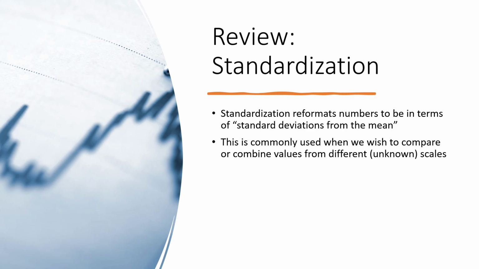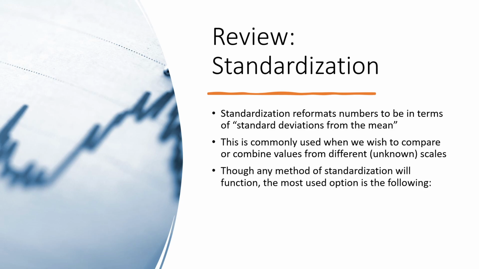Sometimes this is also called norm referenced, in that we are referencing the sample norms when we create these values. You can also represent population norms if you want to. But ultimately, that is one of the potential risks of this. In any case, it can be extraordinarily useful for combining values, and it's something that we do pretty often in a couple of the analyses that we'll talk about in this class.